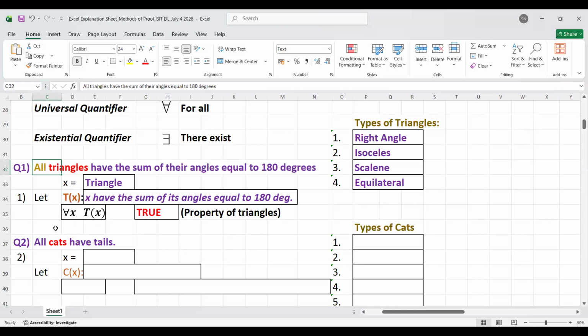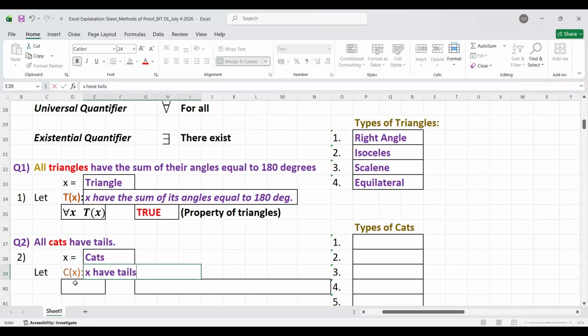Look at the second one. All cats have tails. Now, you correctly said that cats is our variable. So if I replace cat with X, then that statement, cats have tails, will be replaced by X having tails.